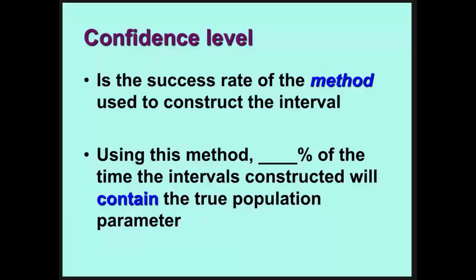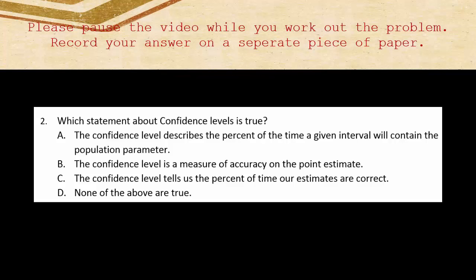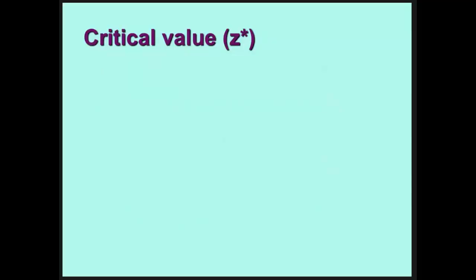All right, so let's go back to a critical value that we use to figure out margin of error. We introduce a new variable called Zstar.